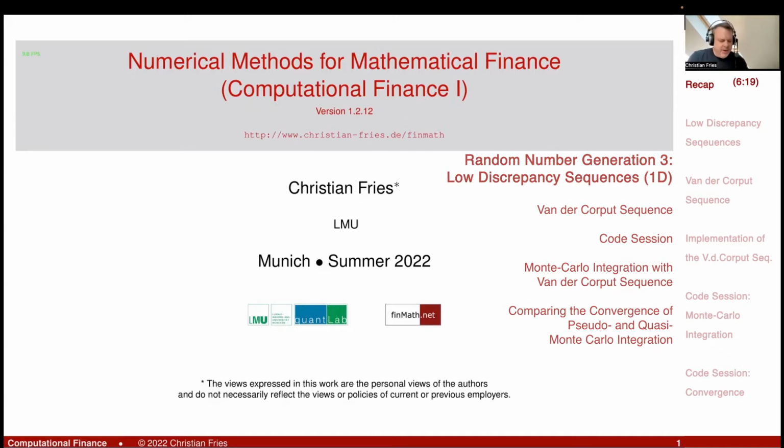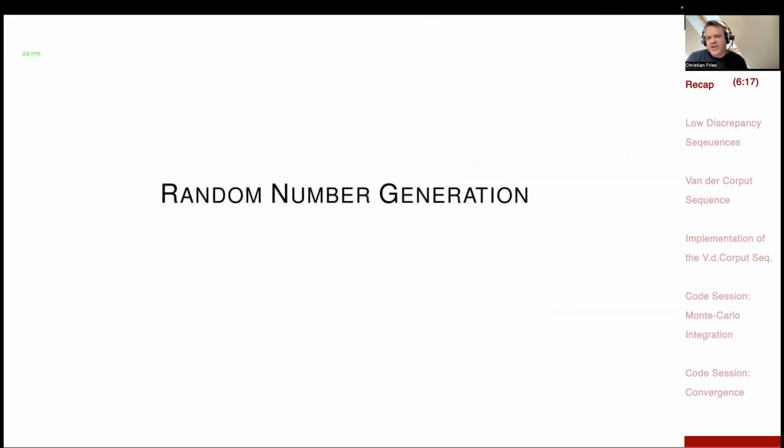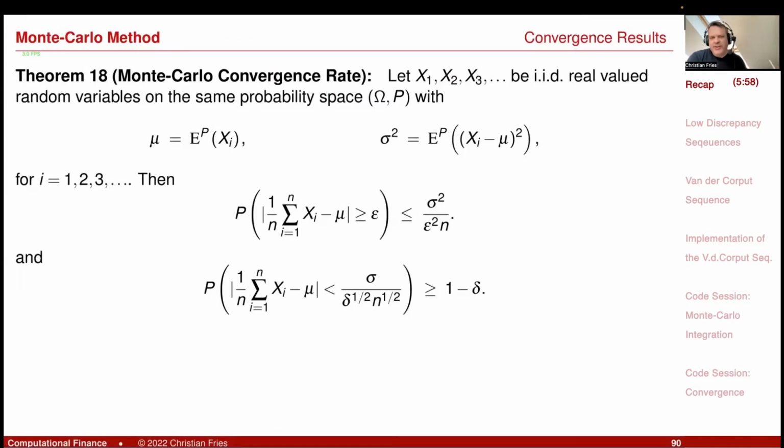Actually we are in this session on random number generation, but maybe let's start with a small recap, because we are doing the random number generation with a special application in mind, and that was our Monte Carlo method. So we started this journey by first observing that we can approximate the expectation.